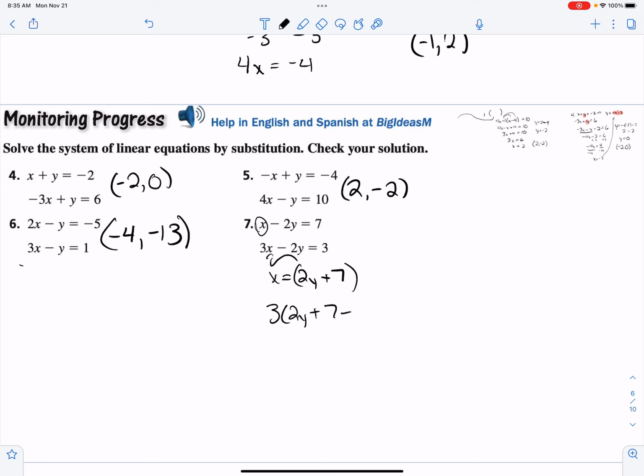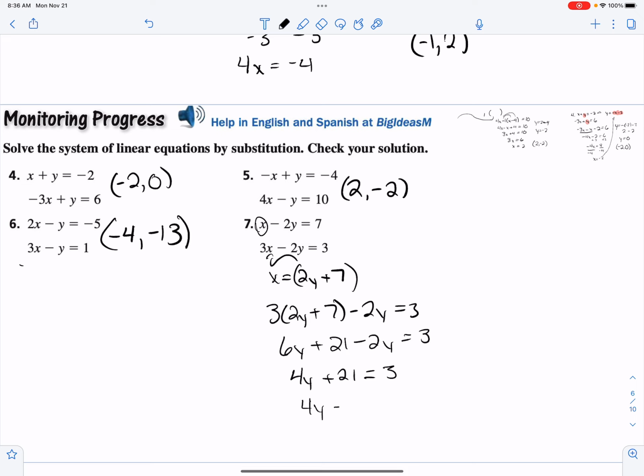Oops, not equals yet. Minus 2y equals 3. So I get 6y plus 21 minus 2y equals 3. We combine like terms. We get 4y plus 21 equals 3. We subtract the 21 over.